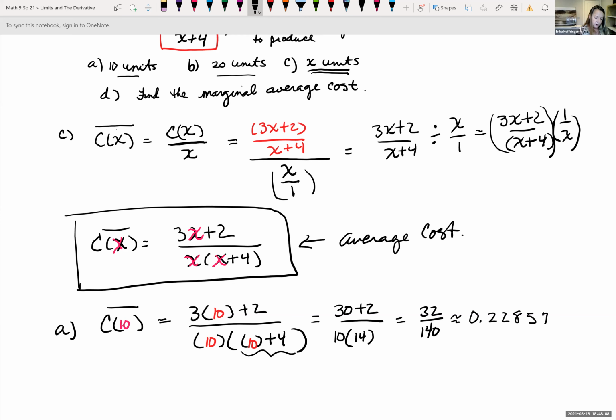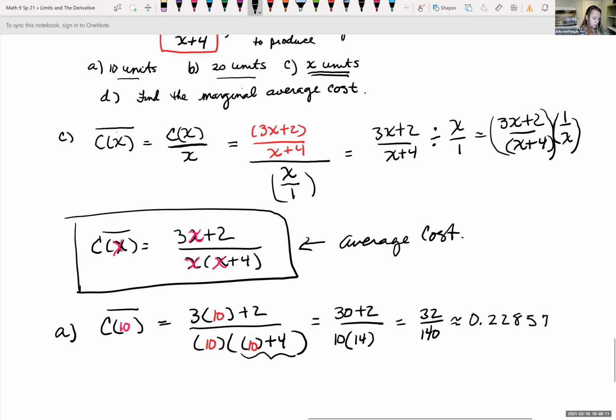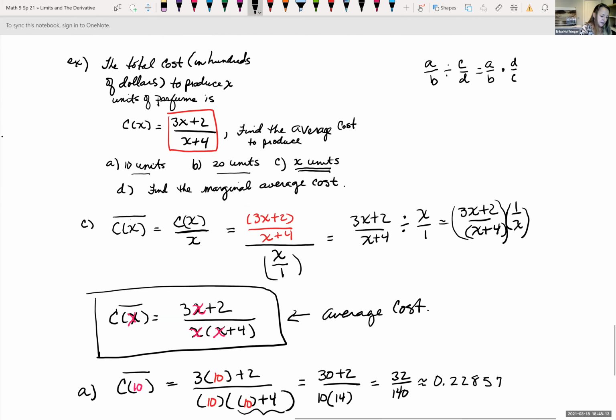We want to remember, though, in our original problem, it told us that the total cost is in hundreds of dollars.